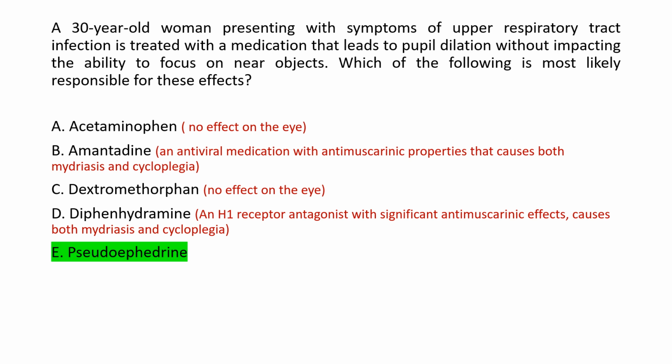Like amantadine, diphenhydramine would block muscarinic receptors, causing mydriasis with cycloplegia due to the paralysis of the ciliary muscle. Since this question specifically mentions no effect on accommodation, diphenhydramine will not be the correct answer.